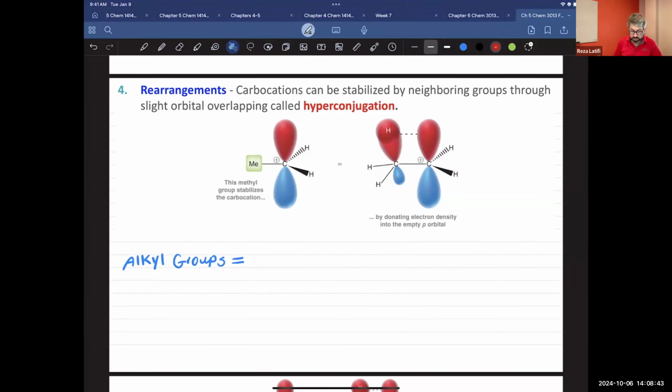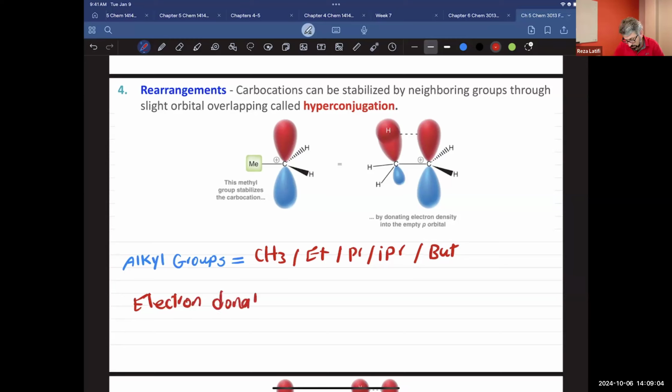Alkyl groups like CH3, or say ethyl, propyl, isopropyl, or butyl groups, any version of them, any alkyl group, are electron donating groups.